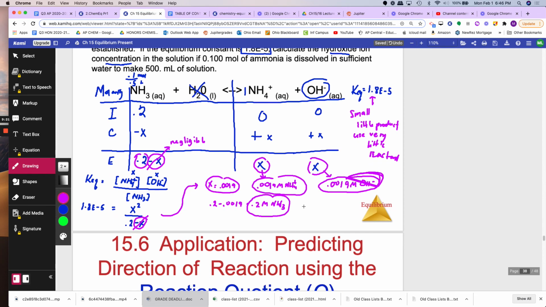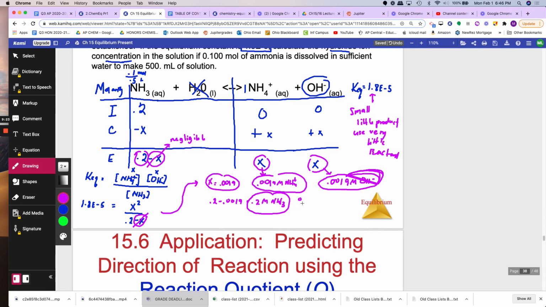So what you can do is you can check the percent ionization, which is equal to 0.0019 molar, how much reacted, compared to how much you had in the original, 0.2, times 100.